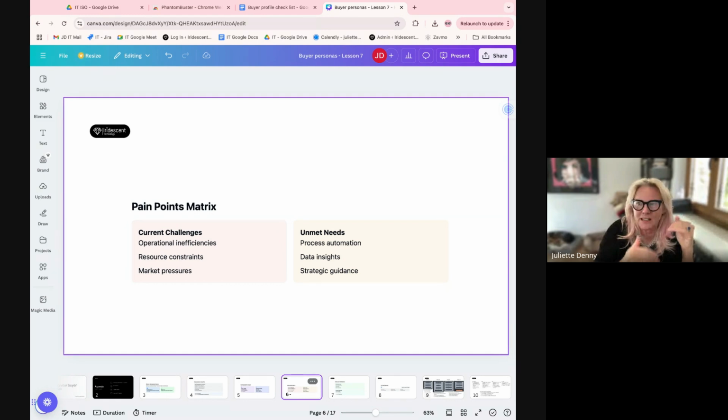Are they looking to make a change? Are they looking to do something because they need to maximize efficiency? Are they looking to improve what they're already doing? These are all things that you can lean into once you start thinking about the specific content that you're going to put within your marketing mix.